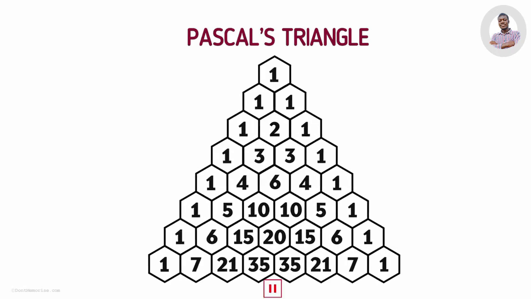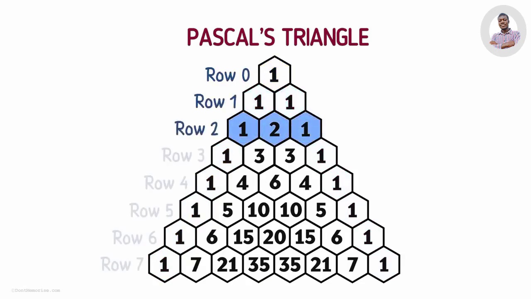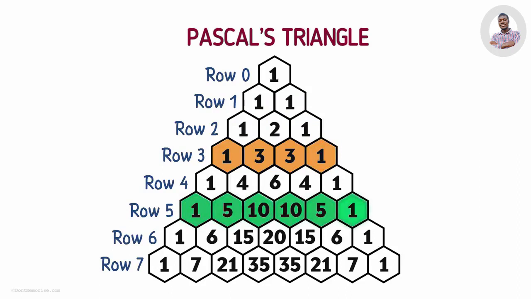This is row 0. This is row 1. This is row 2, and so on. The third row is 1, 3, 3, 1. And the fifth row is 1, 5, 10, 10, 5, 1, and so on.